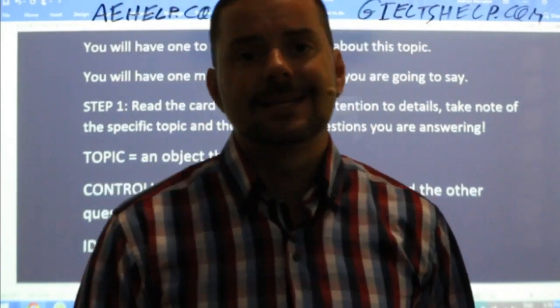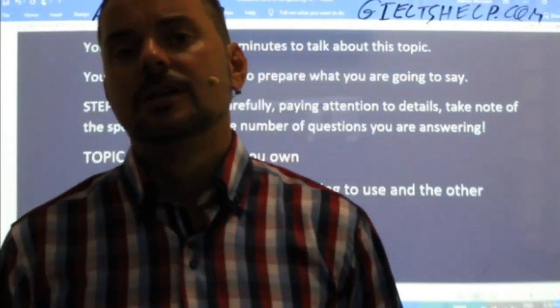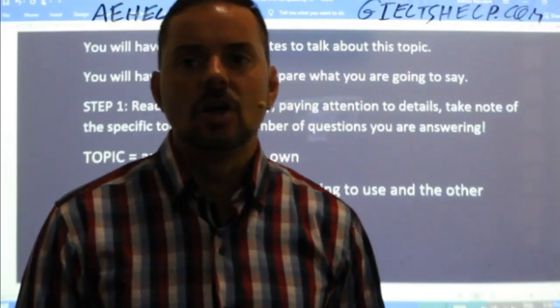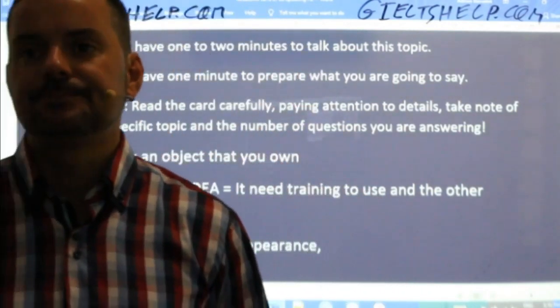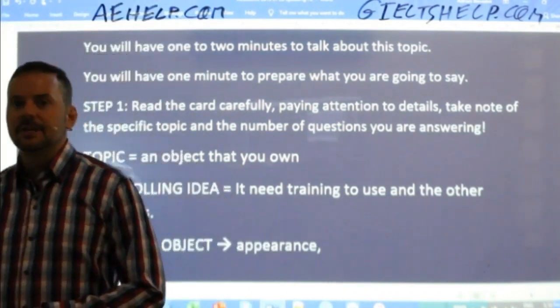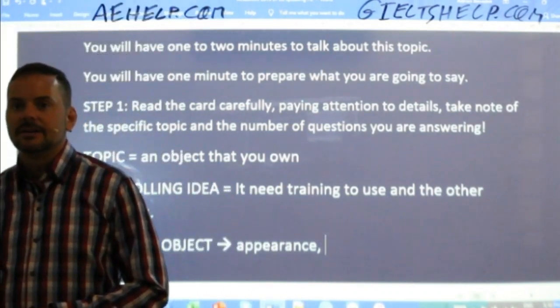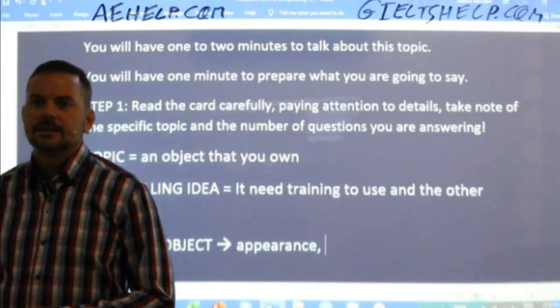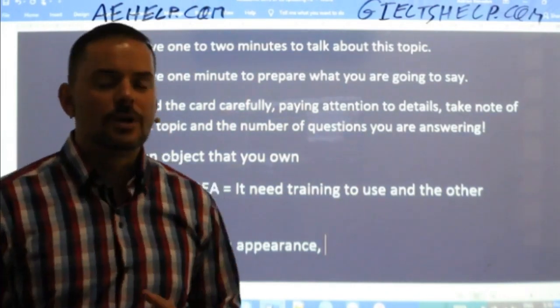It's got an interesting kind of kidney shape to it. It's got a nice black shiny, glossy paint. Okay. So definitely describe what it looks like.